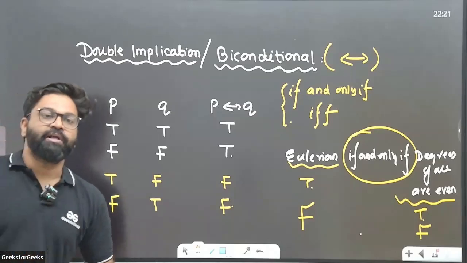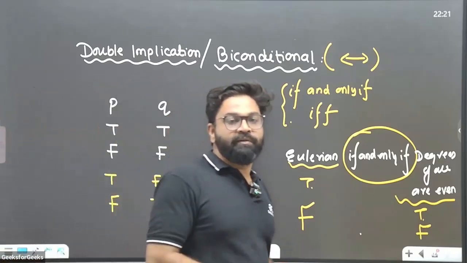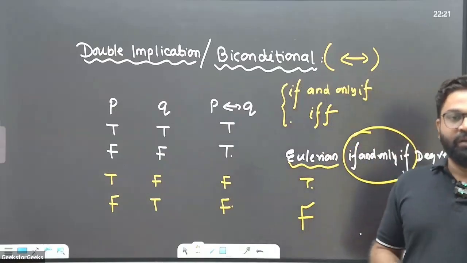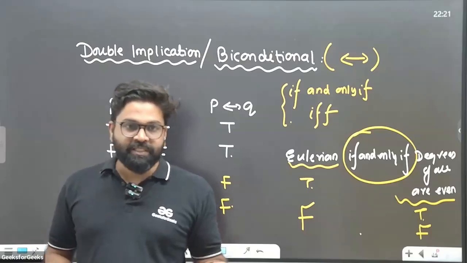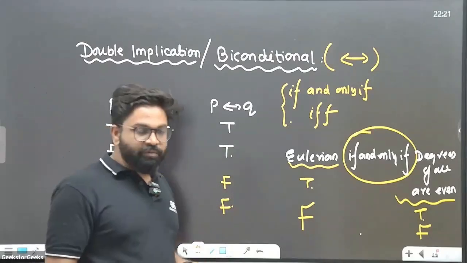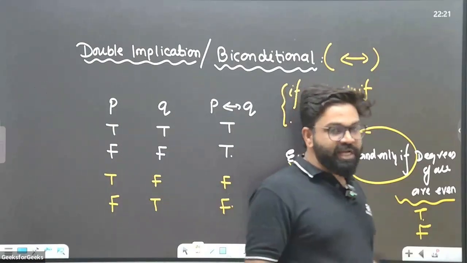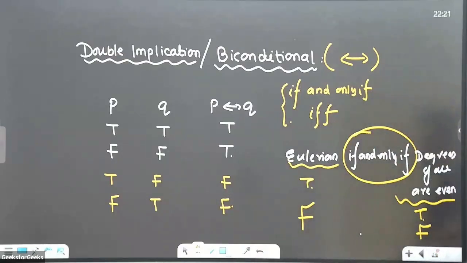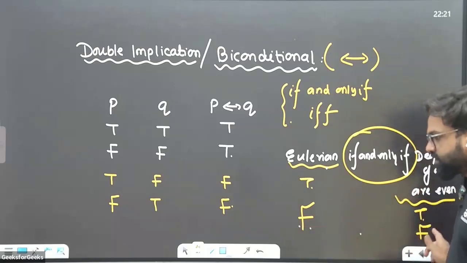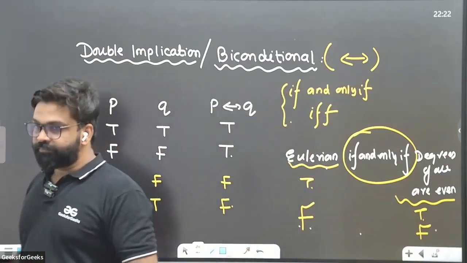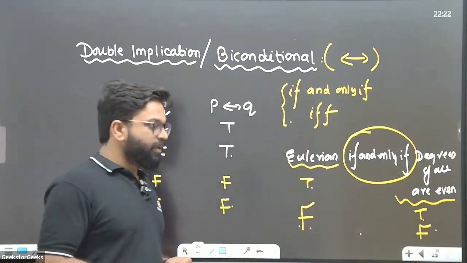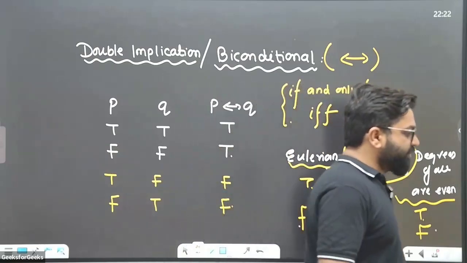When your graph is not a Euler graph, it doesn't cover all the vertices and edges; some vertices are not even. That is why your graph is not a Euler graph, right? So if your graph is not a Euler graph, then the degrees of all vertices are not all even. Again, if this is false, this is false. Yes, sir, clear. I hope that this has been clear to each and every one.